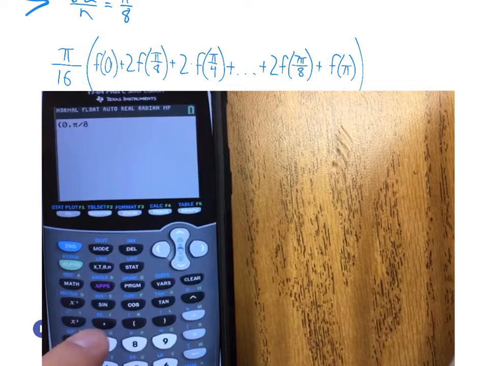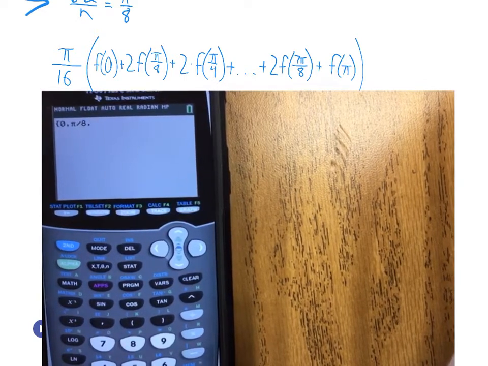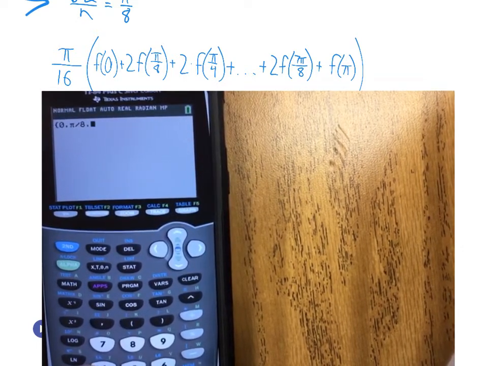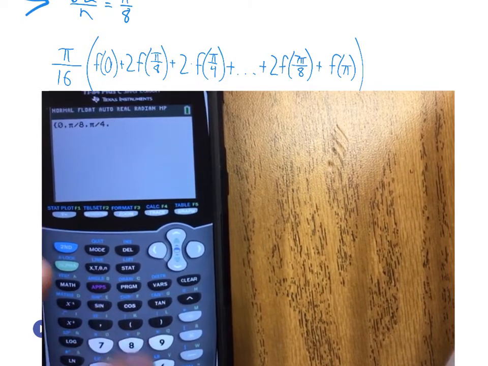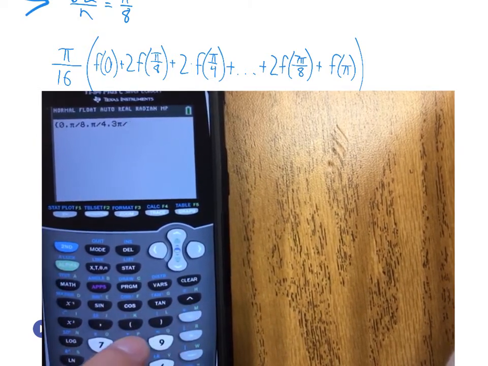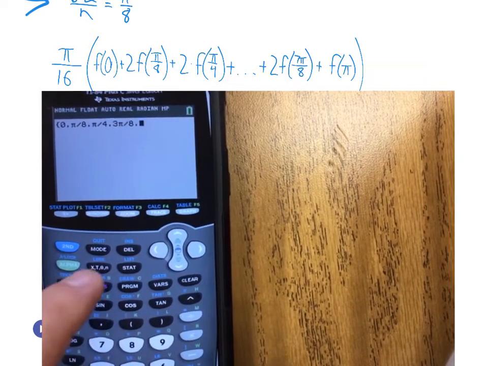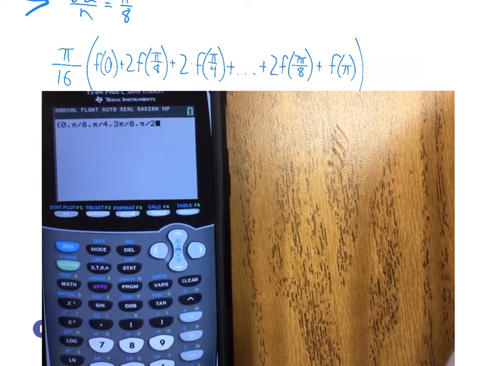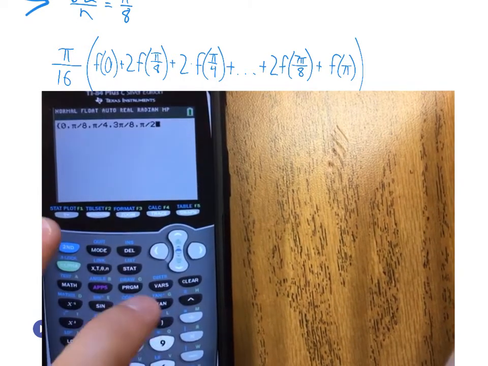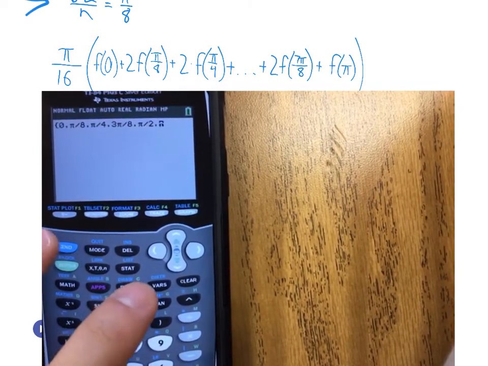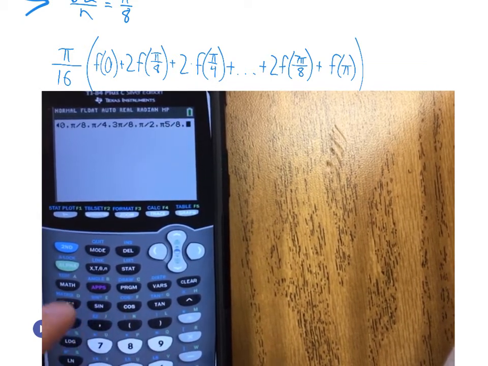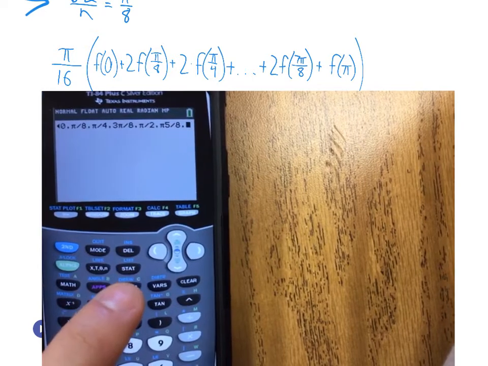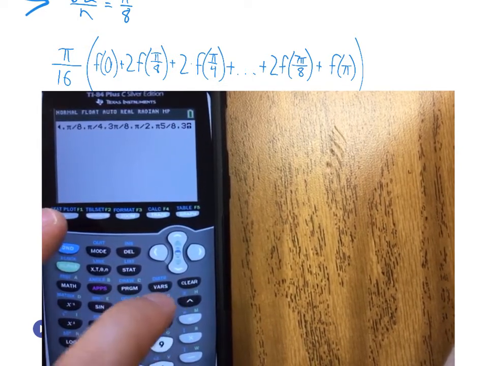So 0, and then in a list we separate them by commas. So 0, and then pi over 8. The comma is right next to the left parenthesis. Okay, so pi over 8. Then 2 pi over 8 is pi over 4. And then 3 pi over 8. And then 4 pi over 8, which would be pi over 2.